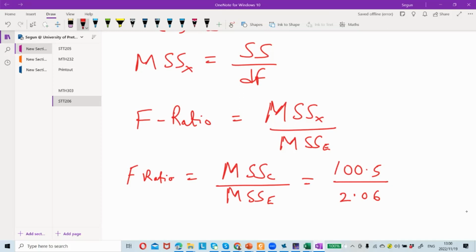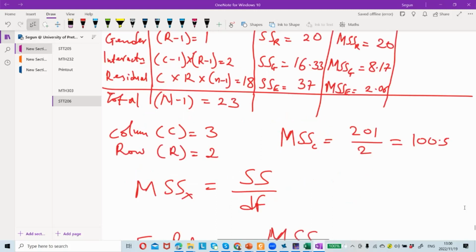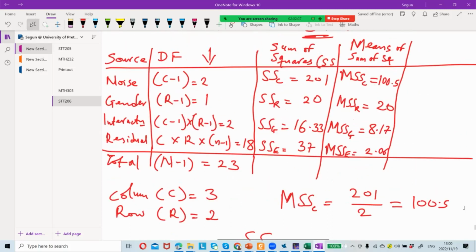No. 37. Remember, M is me. We are talking about me now. And if you look at the mean, look at the table. 2.06. So this is the F ratio.